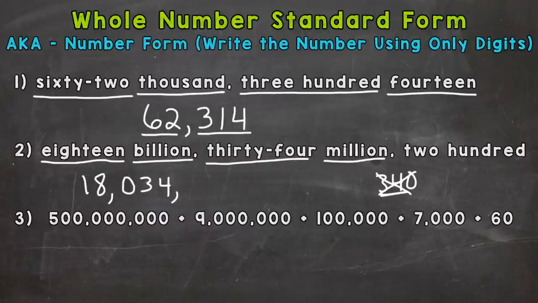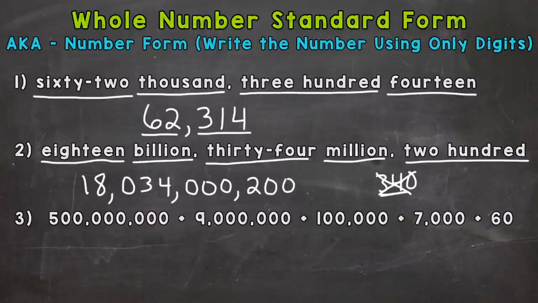So let's take a look at our word form. 18,034,200,000. So we don't have anything in the thousands period. So we need to fill that with zeros. And then we go to the ones period where we have 200. So we need a 2 in the hundreds place to represent that 200, a 0 in the tens, and a 0 in the ones.